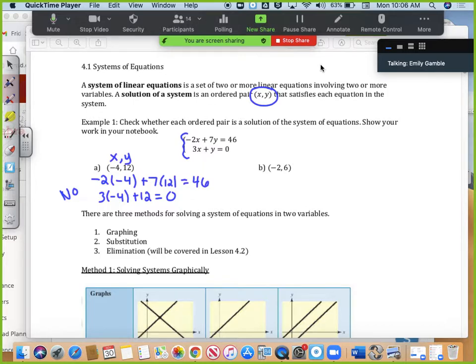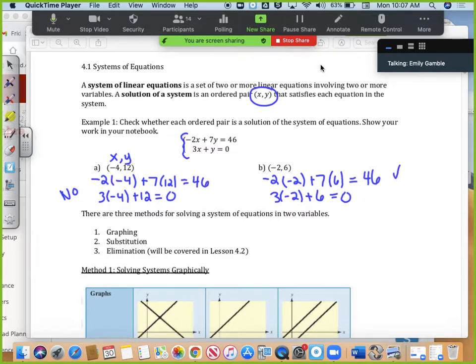Let's try letter B. Doing the same exact thing, we're going to replace negative 2 in for x and 6 for y, and see if this is equal to 46. And in the second one, 3 times negative 2 plus y, which is 6, equals 0. Well, negative 2 times negative 2 is 4. 7 times 6 is 42. And 4 plus 42 is 46, so it works for the first one.